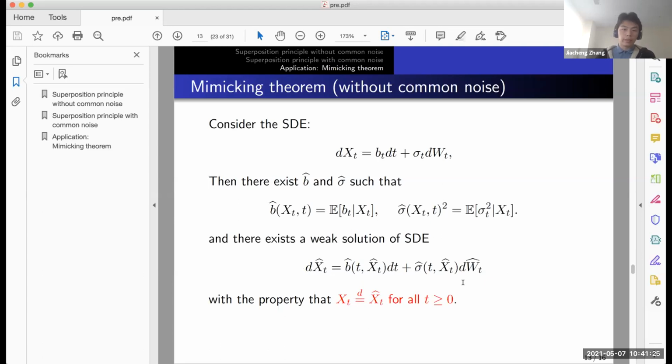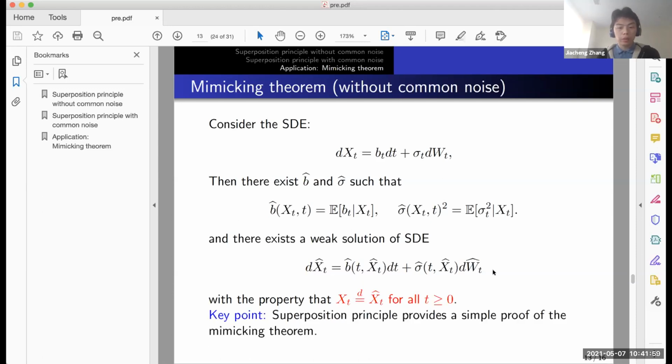So again, start with a mimicking theorem without the common noise, in the sense that if we consider this SDE here with some general drift b_t and sigma_t, then there exist some b hat and sigma hat, which can be achieved by taking conditional expectation, and then we can have a weak solution of this SDE such that they have the same marginal distribution, but in this case, this drift and the diffusion are just some function of t and X_t. So the proof of this mimicking theorem can be obtained by the superposition principle.